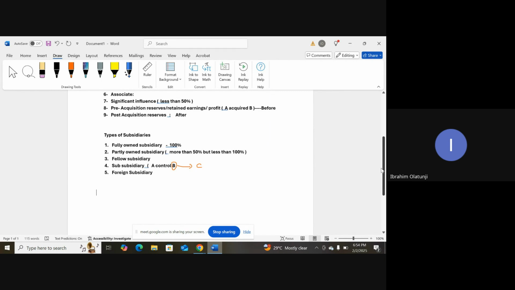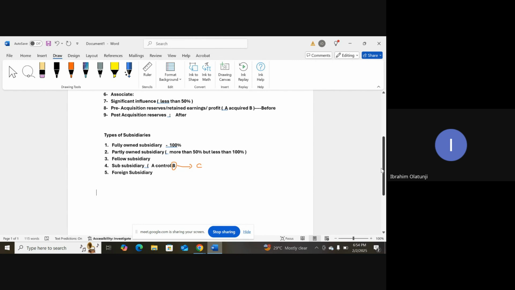After identifying it, you now go again and check the question, what is the policy that the company is using? And we have two policies of determining or measuring the non-controlling interest. Number one policy is that the non-controlling interest can be measured using what is called fair value, or another name for that, the full goodwill method.